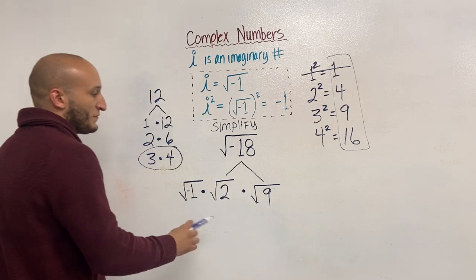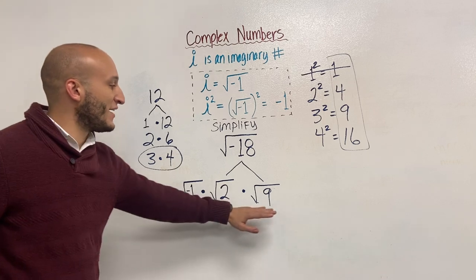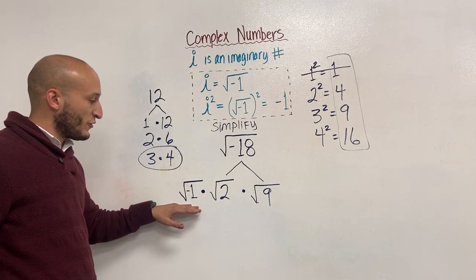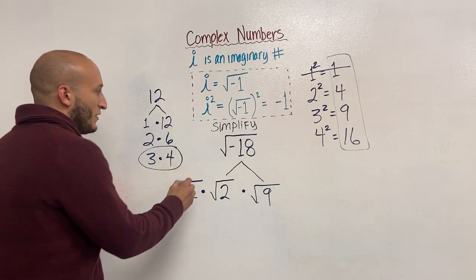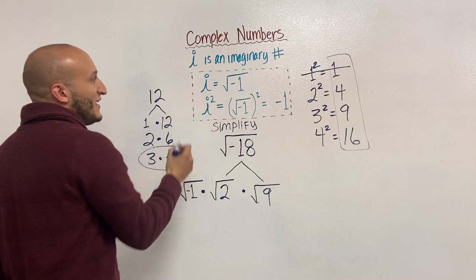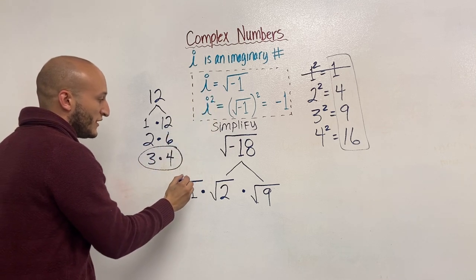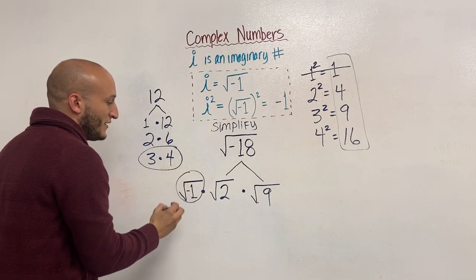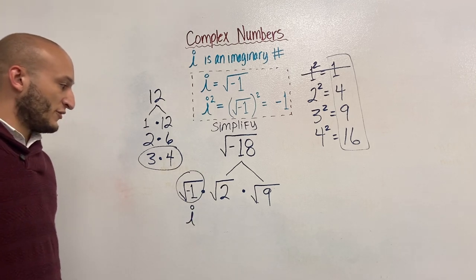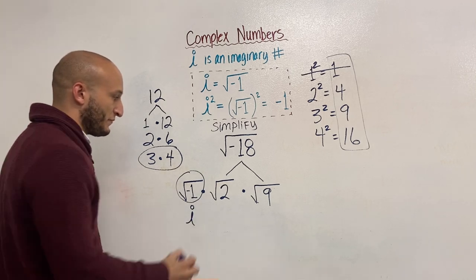Now, once I have it like this and I've found my perfect square, I pull out the square root of -1 from our definition of i. i is the square root of -1. So this is equal to i. I'm going to replace that with an i.